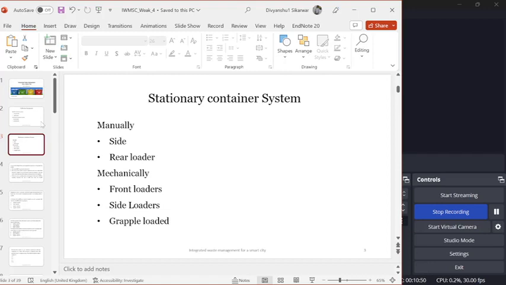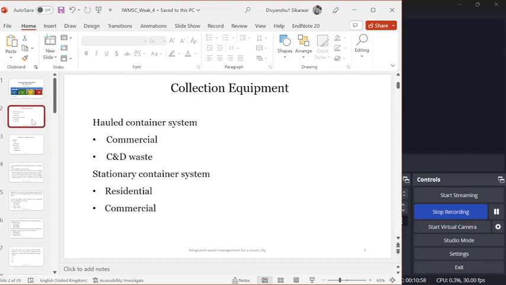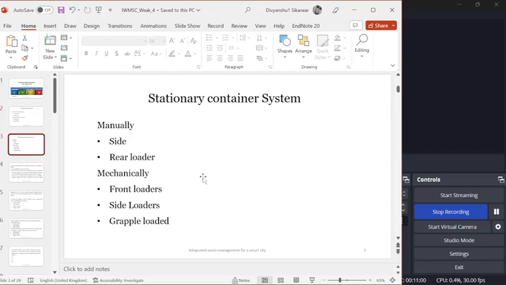In the manual system, there will be one person who will take the waste containers placed in the residential area, and those containers can be emptied into the collection truck.